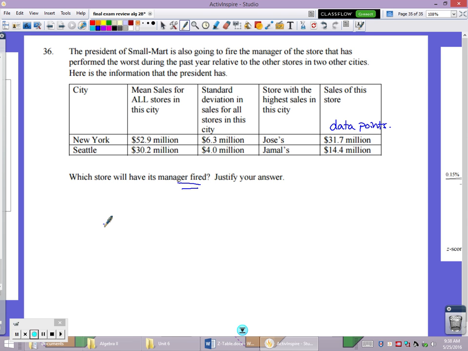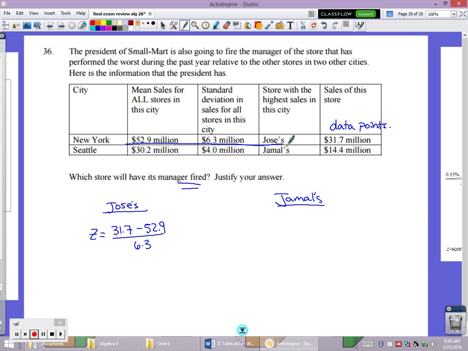Oh no. Okay. So again, I'm going to organize my data: Jose's store and Jamal's store, and we have our data points. We want to find our z-score. So for Jose's store, it would be 31.7 minus the mean, 52.9, divided by the standard deviation, 6.3.